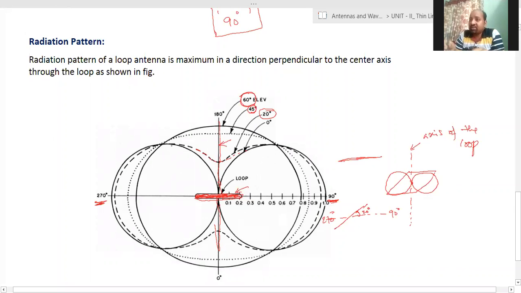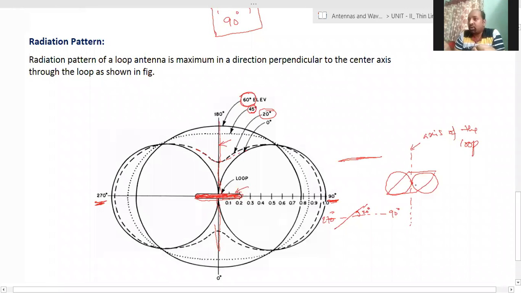If the radiation pattern is omnidirectional, then we cannot find out the direction of the incoming signals, because in all directions it has a radiation pattern. You cannot find out in what direction the incoming signal is coming.